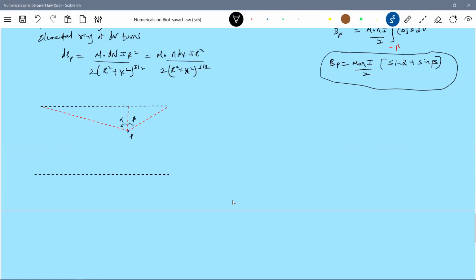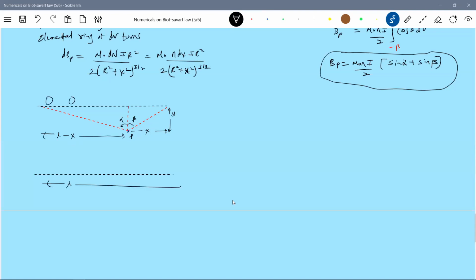Then you write this as y1. If this is x1, the remaining distance will be L minus x1, or L minus x. And the total length of the solenoid is L.